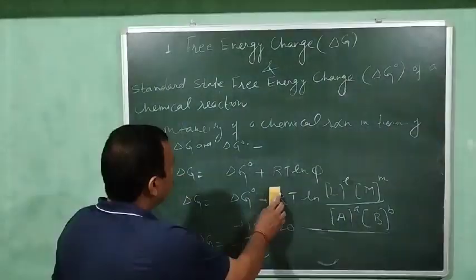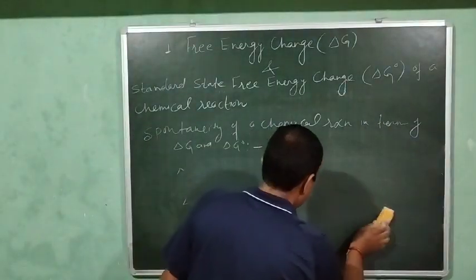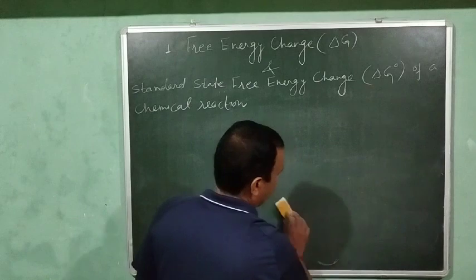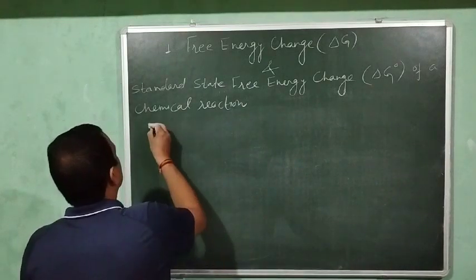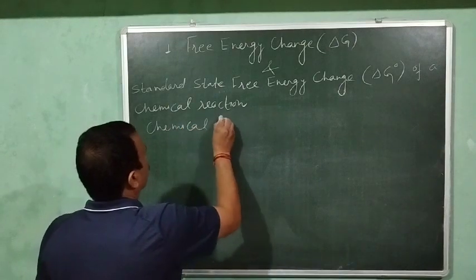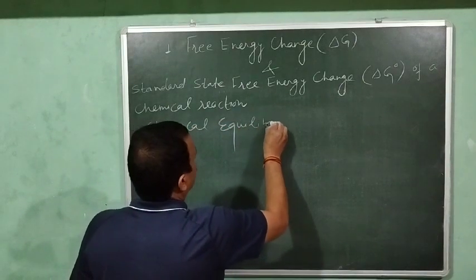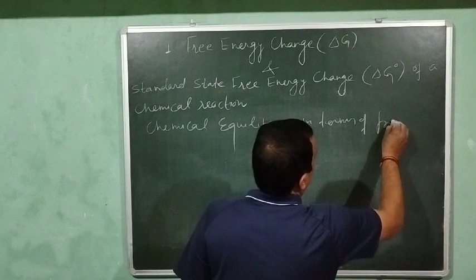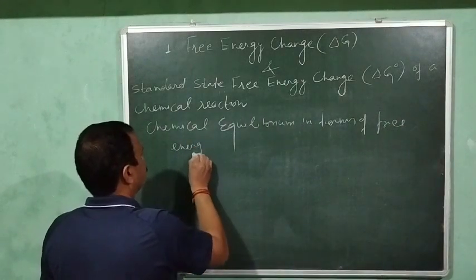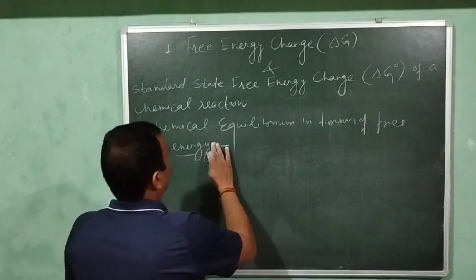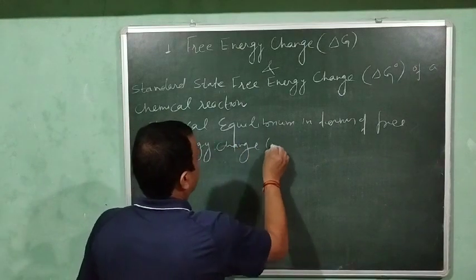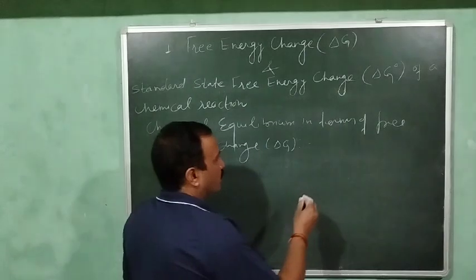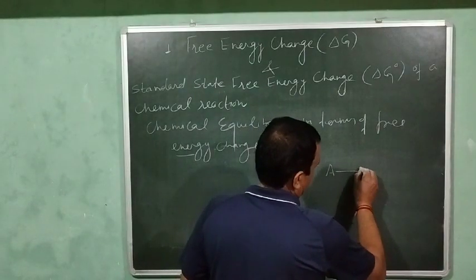Now let us discuss our last topic, that is chemical equilibrium in terms of free energy change, delta G. And before explaining it, let us consider an irreversible reaction.